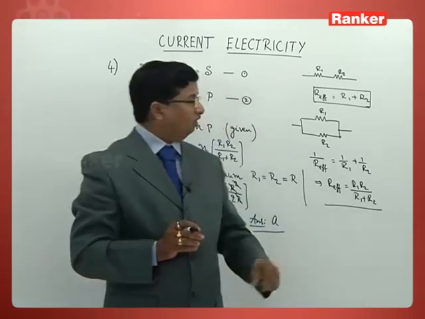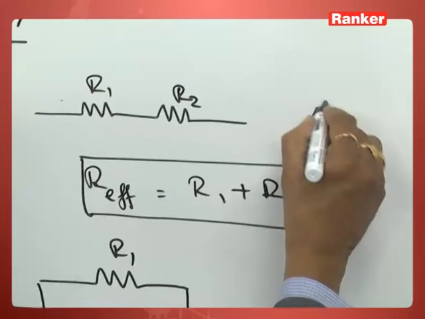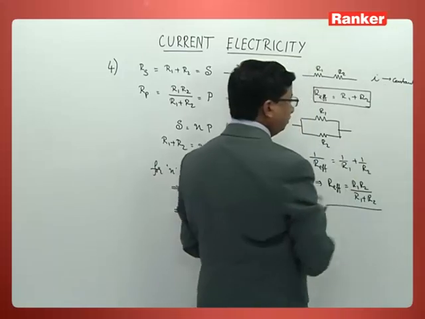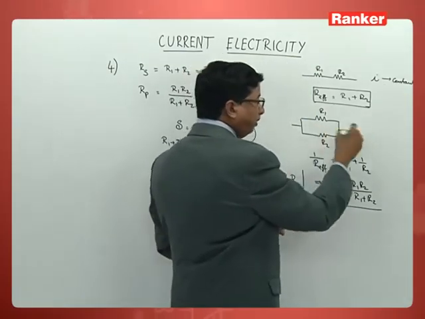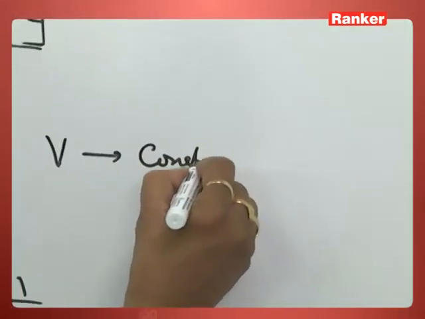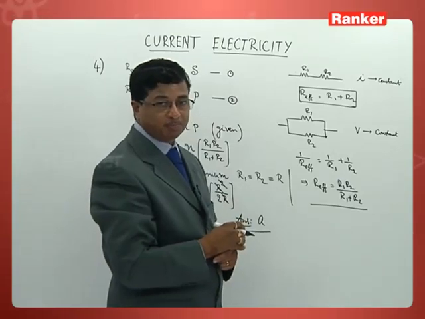Another thing is, when connected in series, it is the current that remains constant throughout the circuit. Remember that. When connected in parallel, it is the potential difference that remains constant. That is the second aspect you should remember.